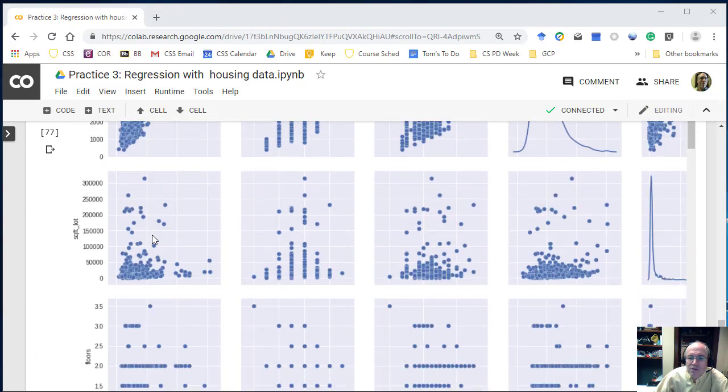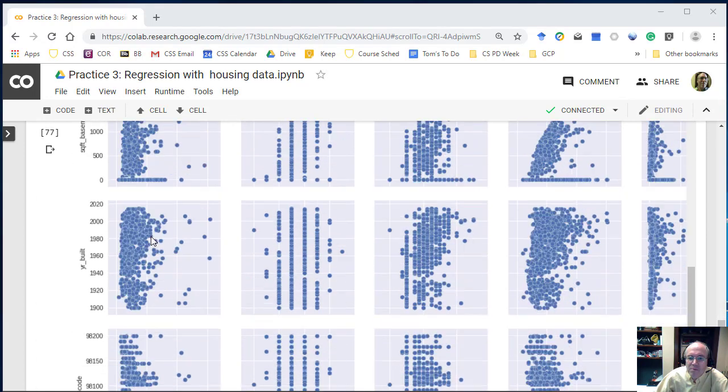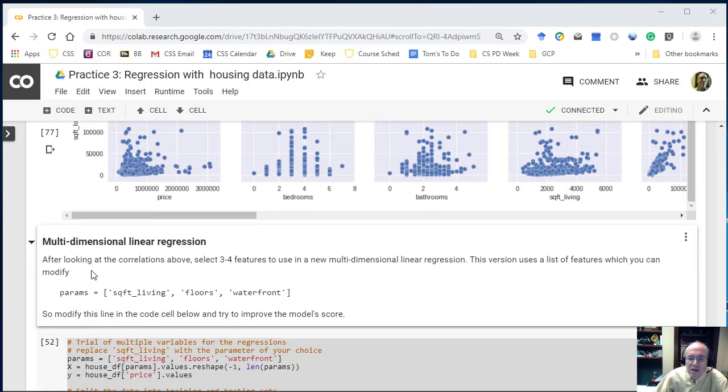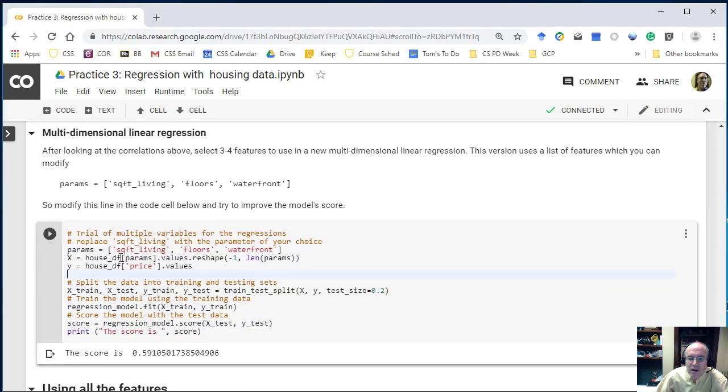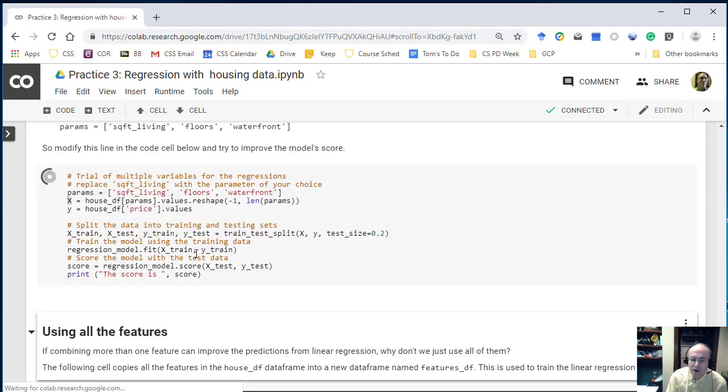And once you've looked through that, we can actually use multiple features. So we can do a multiple linear regression here. In the code here, we create a list of parameters, like square foot and floors and waterfront, and then we use those parameters to create our X. So now our X is not just one feature, but multiple features, and then we can score our model.